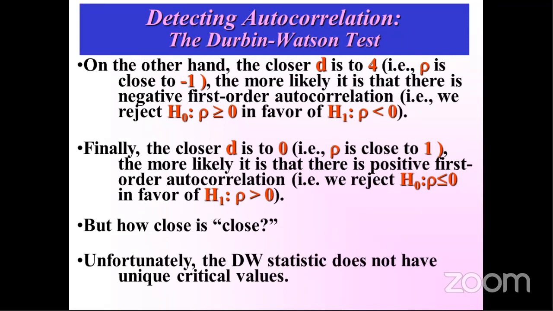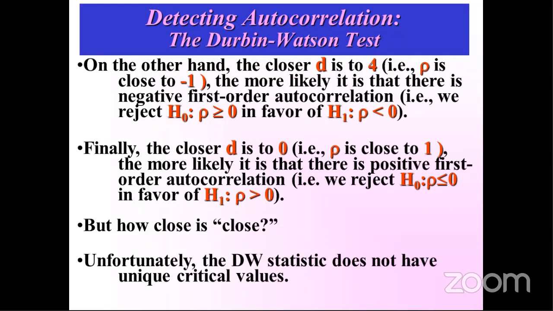If your calculated value of the D statistic is closer to 0, it indicates positive autocorrelation. If it is closer to 4, that indicates negative autocorrelation. So this is a discussion related to the range of values taken by the Durbin-Watson statistic, or D statistic.